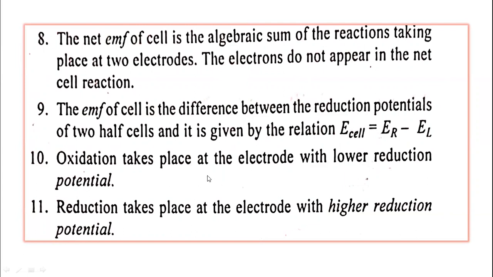Next rule: oxidation takes place at the electrode with lower reduction potential. Generally, we know that in the galvanic cell, oxidation takes place at the left hand side electrode, so it has the low reduction potential. And reduction takes place at the electrode with higher reduction potential, meaning at the right hand side.